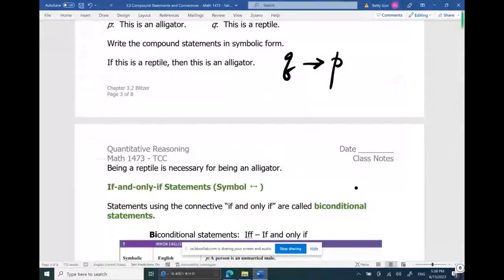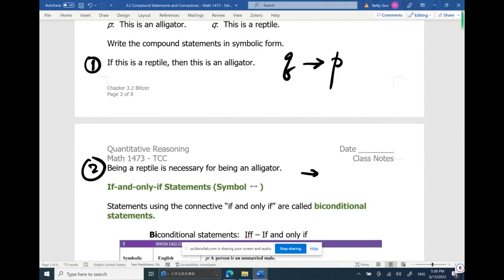Being a reptile is necessary for being an alligator. The one that is necessary is going to be the consequent. So being a reptile is the consequent. This is a different statement, all right? We just finished the first statement. The second statement in words is: being a reptile is necessary for being an alligator. So the one that is necessary is the consequent.